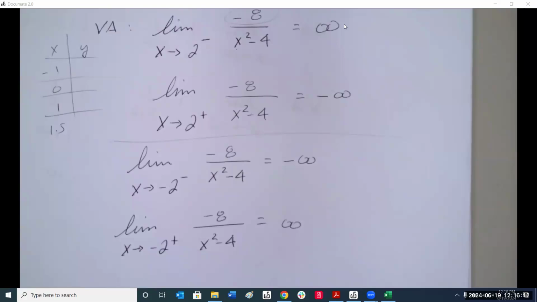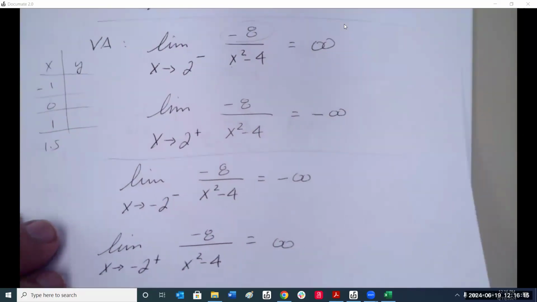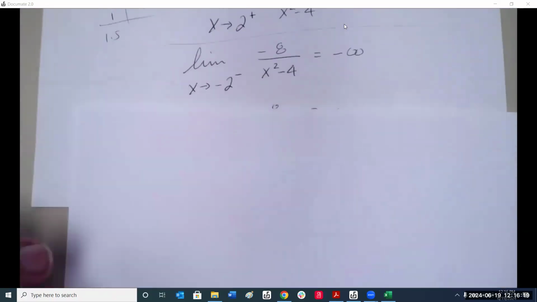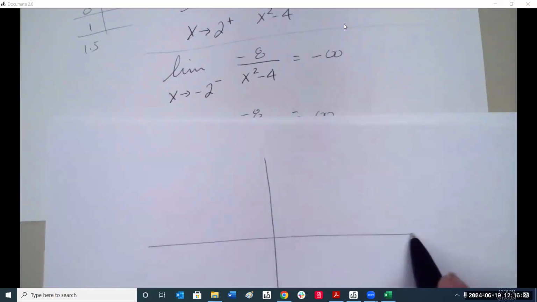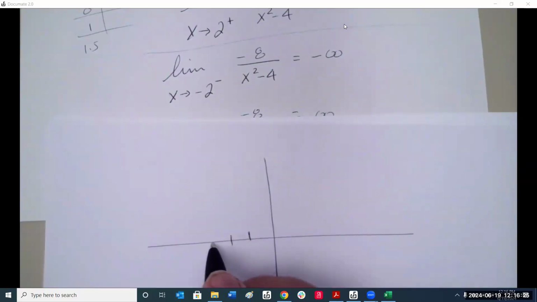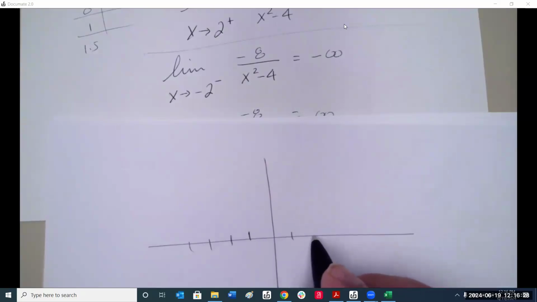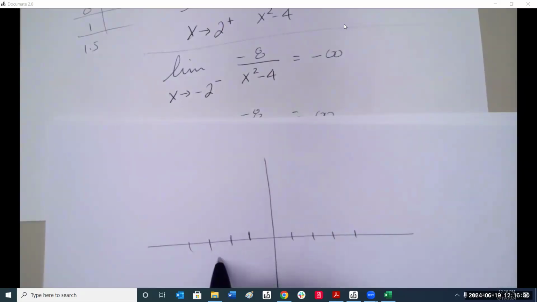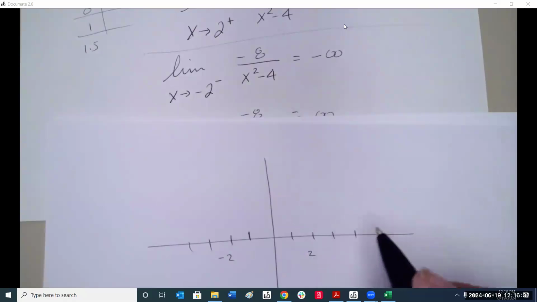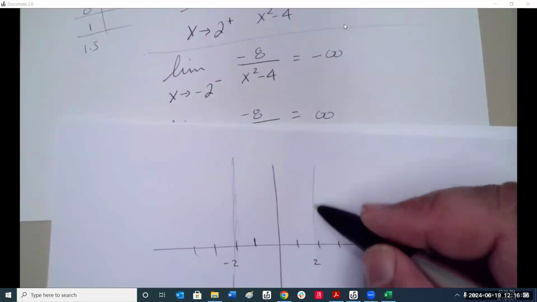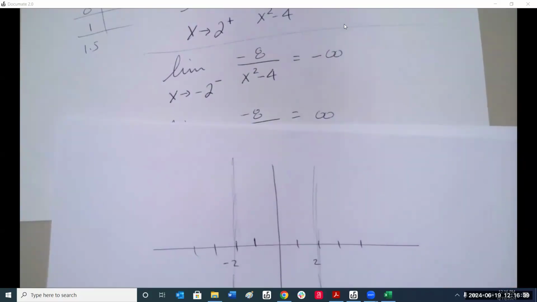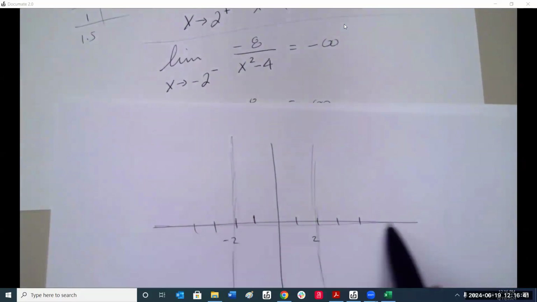The question now: let's look at what this graph looks like. Since we know we have vertical asymptotes at -2 and 2, we have a horizontal asymptote at 0.